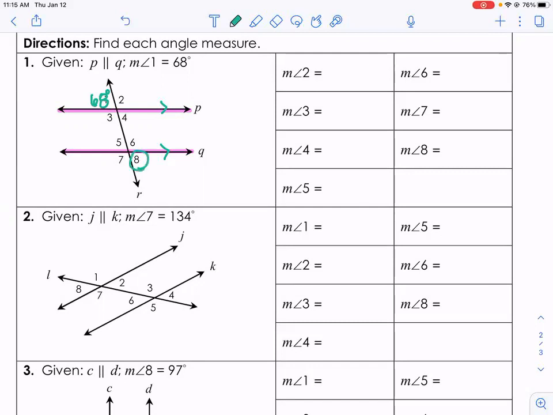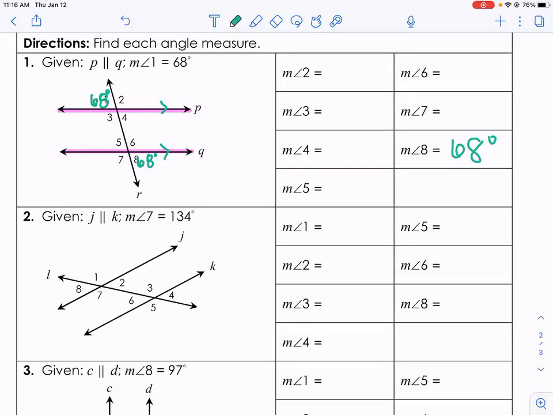And we just wrote down that alternate exterior angles are congruent. So angle 8 is also 68 degrees. Well, that's pretty cool. Just in this picture.